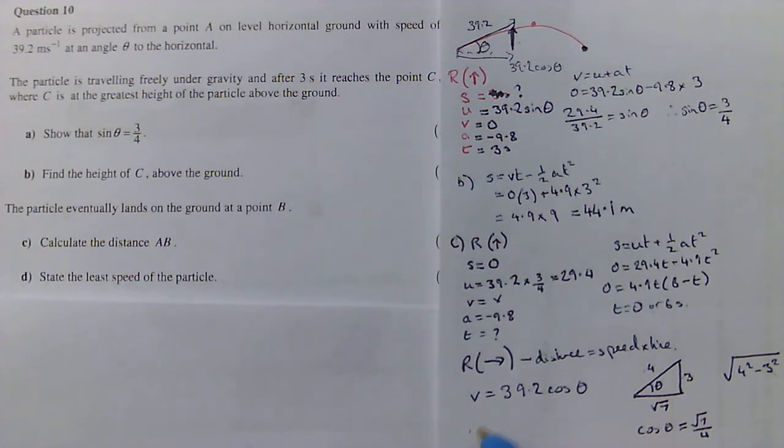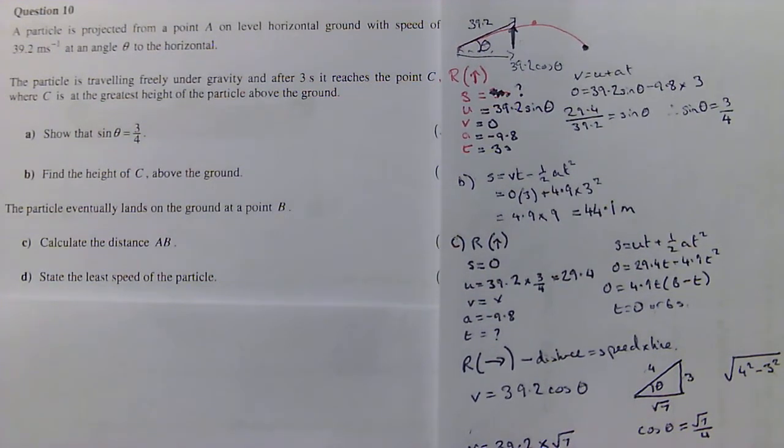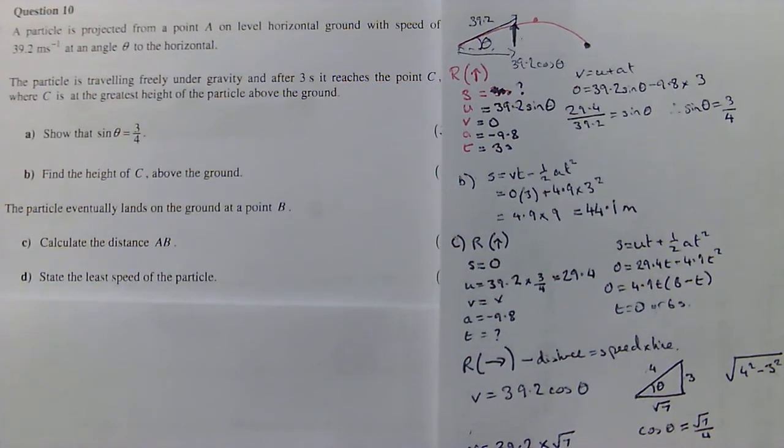So I'm just going to rewrite that. So v equals 39.2 times root 7 divided by 4, which is in fact 39.2 divided by 4 is 9.8 root 7. Now, the distance is going to be the speed times time.